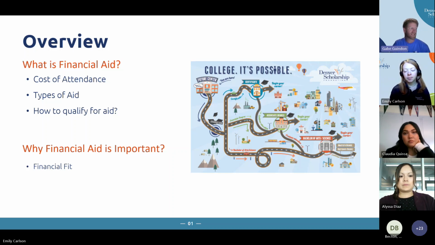The section of the presentation that I'll be covering will define financial aid and look at some cost of attendance examples to set the stage for why financial aid completion is so important for our students, especially as a part of the workshops that we'll be leading in January and February. We'll talk about types of aid and how to qualify for aid, and then I'll pass things off and Emily will dive a little bit deeper into the actual details of the FAFSA application.